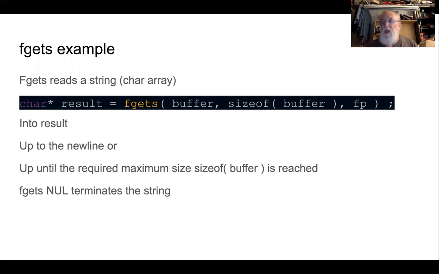In the first read you'll get part of it, and the rest in the next one. Whenever it stops, fgets null terminates the string, puts a 0 at the end of the string, which is very handy because that's exactly what all the C functions expect, and that keeps your program from blowing up. So let's take a second and look at an example of code that actually uses fgets.